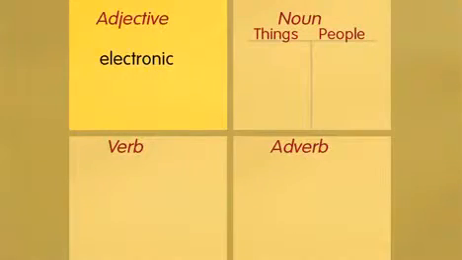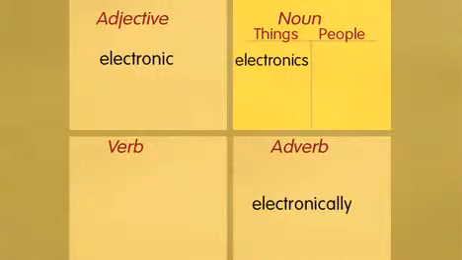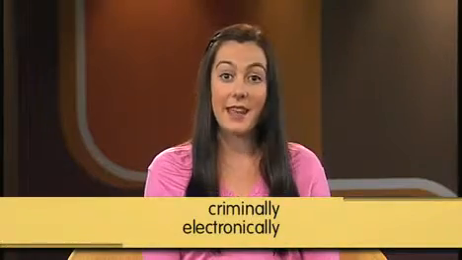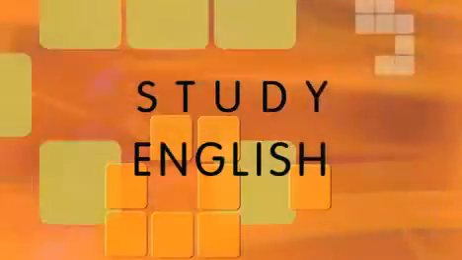We have electronic, the adjective, electronically, the adverb, and electronics, the noun. You'll notice that not all words take all these different forms, but where they do exist, you'll be able to see patterns emerging. For example, look at the adverbs criminally and electronically. They both end in ly, ly.